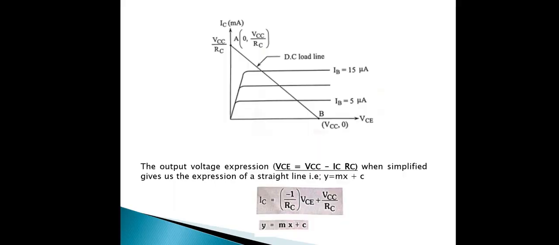So why you need to consider it as a straight line is, when we consider this output expression which we previously got when we applied Kirchhoff's voltage law to the output circuit, VCE is equal to VCC minus IC RC. So when we extract the value of IC, it will be equal to minus 1 by RC into VCE plus VCC by RC.